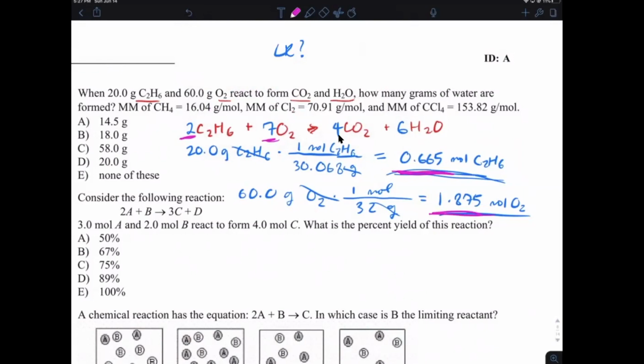So if you do that, which one is smaller? Is it greater than or less than? Divided by 7.